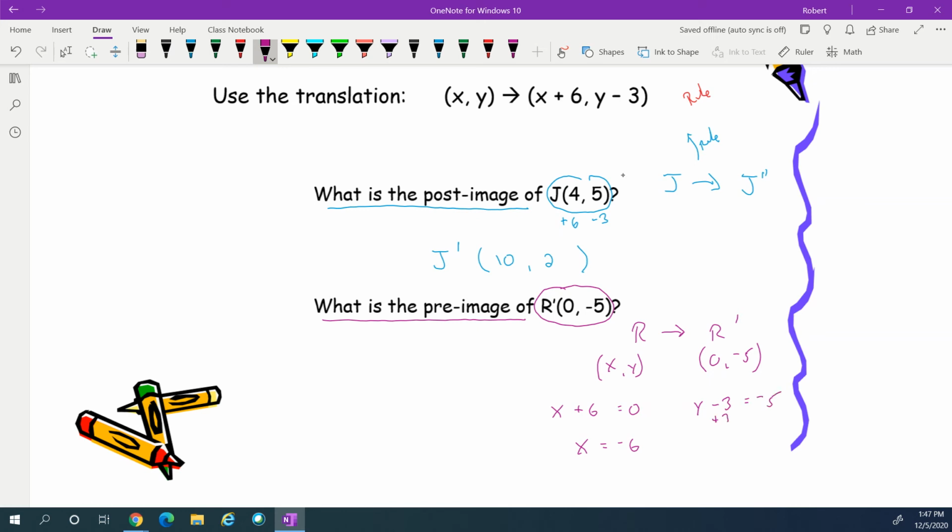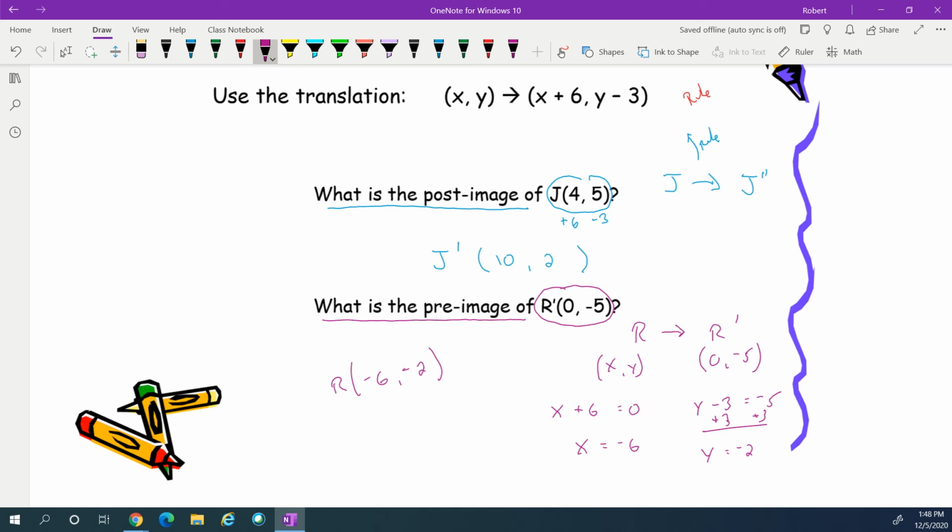Well, if we add 3 to both sides, we get y equals -2. So R, the original point, was -6, -2. And you could double check that. Apply the rule. Add 6 and subtract 3. Make sure that you end up at prime.